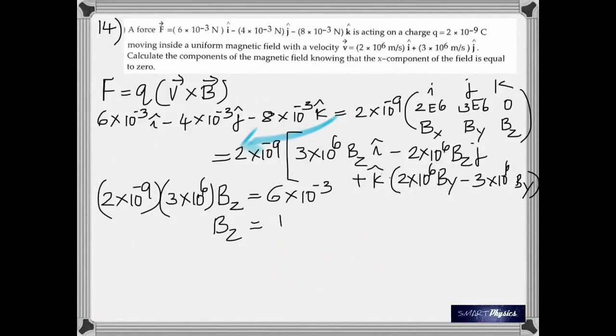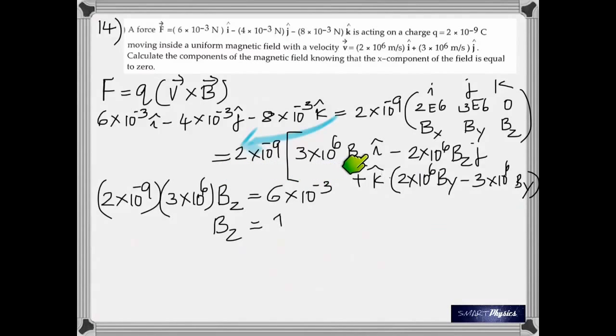Now that's putting the 2 coefficients of I on either side equal to each other. Let me explain that, because when you look at the coefficient of I, on the left hand side you have this 6 times 10 to the negative 3, that's the coefficient of I, and on the right hand side the coefficient of I is 2 times 10 to the negative 9 multiplied by 3 times 10 to the 6.